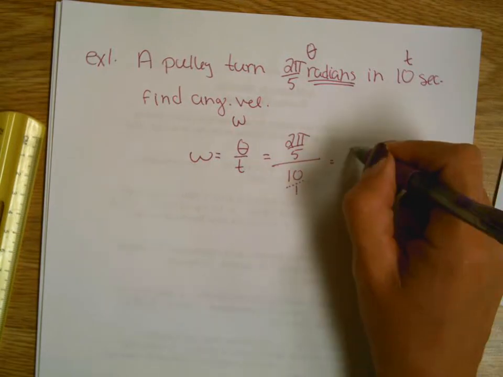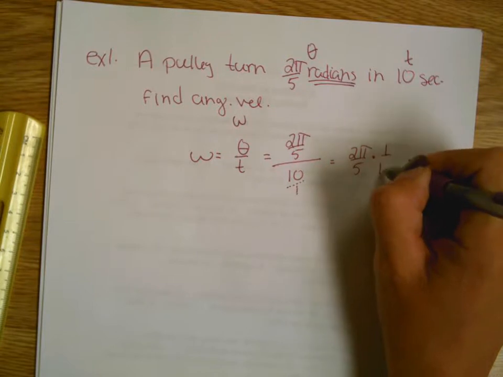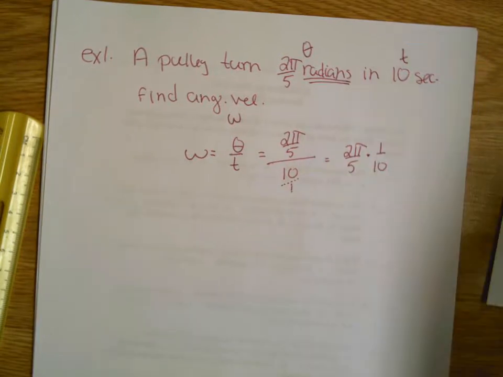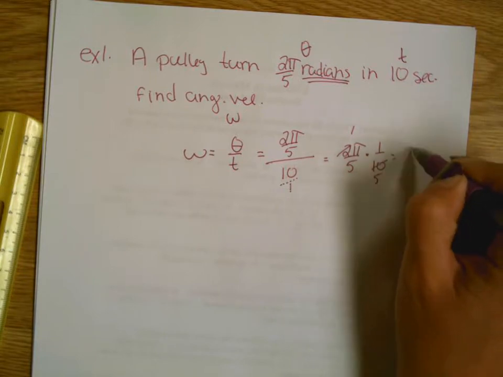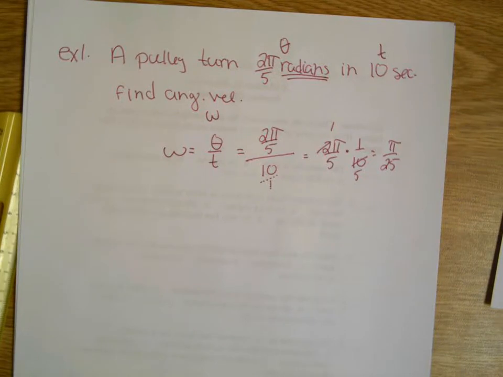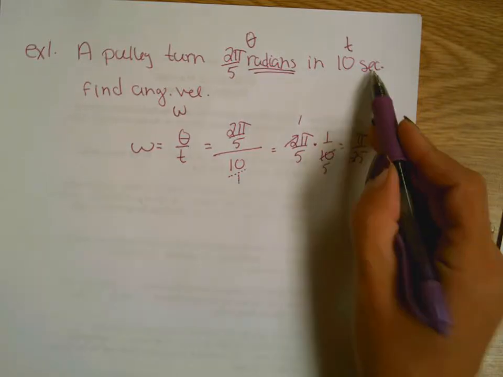Junior high fraction. So 2 pi over 5 times 1 over 10. Can do a little reducing. Pi over 25. And what should be our labels? Story problems always get labels. What kind of units if this is angular velocity? Radians per second.